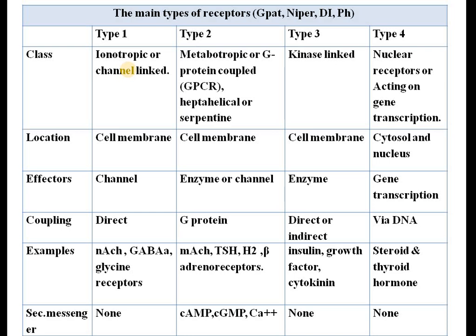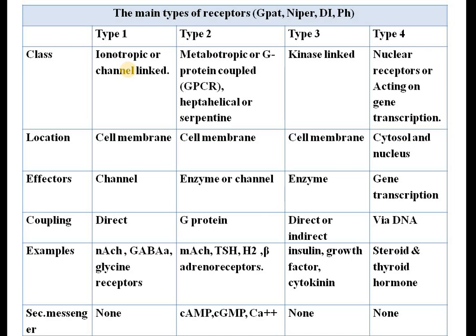Okay, so the cell's work stops, and the opposite also happens. So for example, if any drug increases the entry of sodium in the channel, like if you see cardiac potential, so normally what happens, inside the cell electronegativity is there. When there is entry of sodium inside the cell, there will be disturbance of your electronegativity.